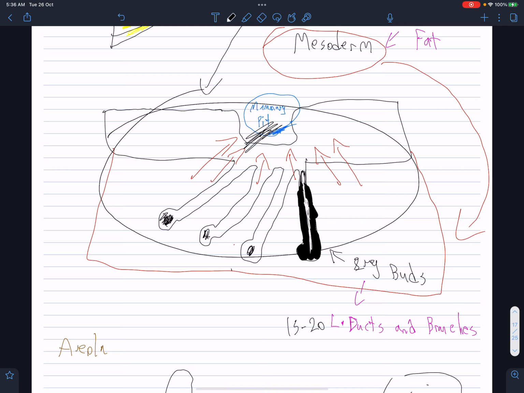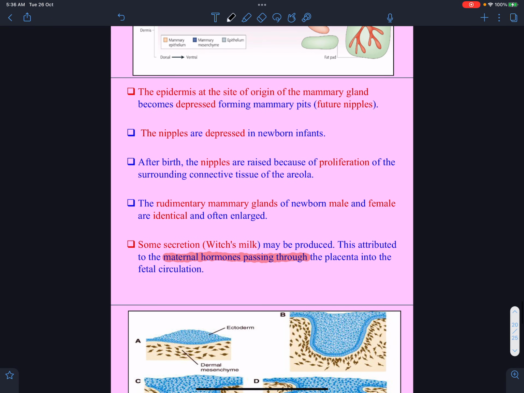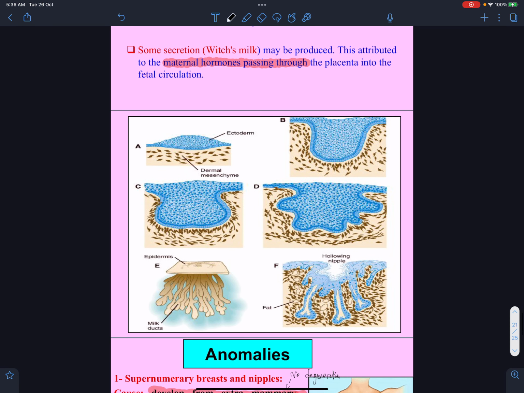They call it colostrum, or witch's milk, which is completely normal and disappears a few days after birth. During pregnancy, I didn't mean breastfeeding, pregnancy. And that's basically it.